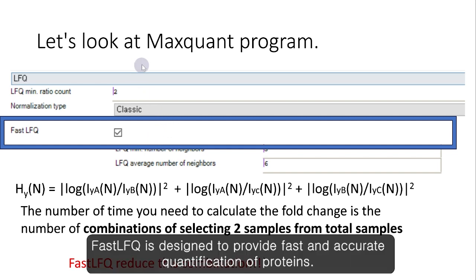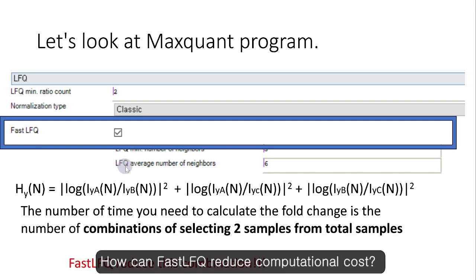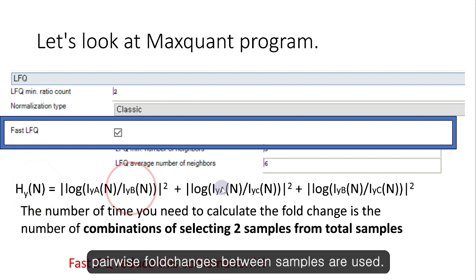Fast LFQ is designed to provide fast and accurate quantification of proteins. It is optimized for speed and can process large data sets quickly. How can fast LFQ reduce computational cost? In the step of calculating Hn for each peptide, pairwise fold changes between samples are used.